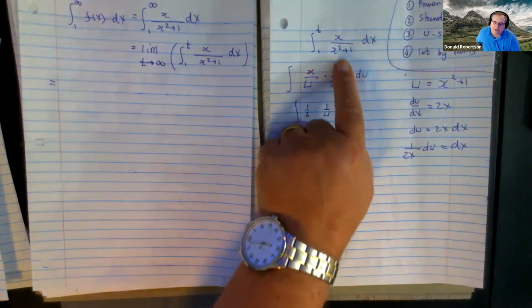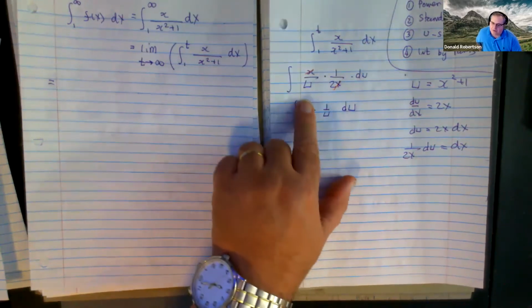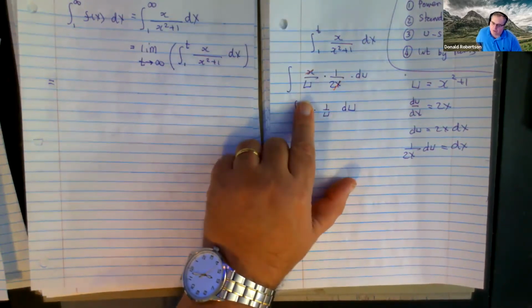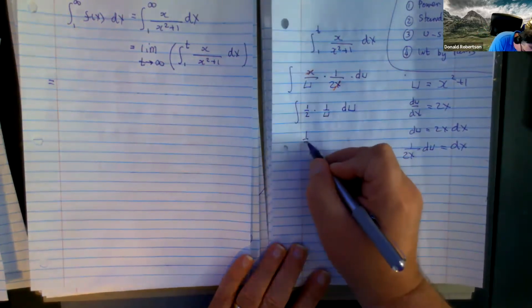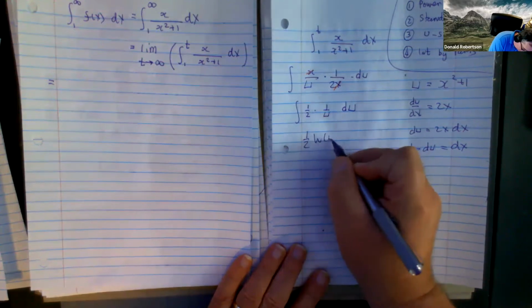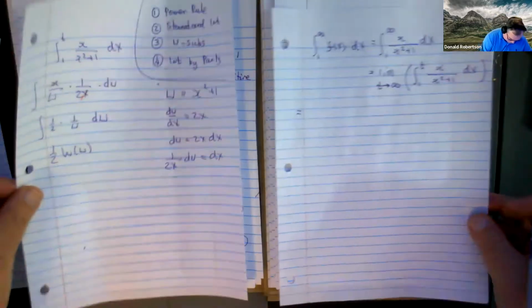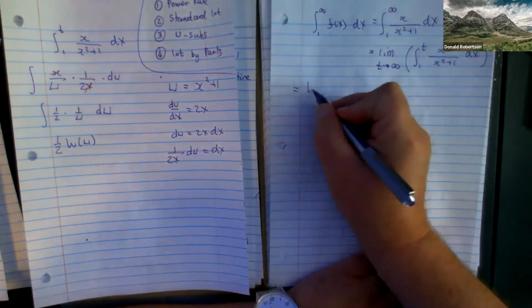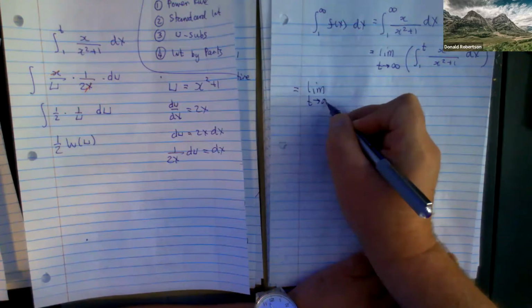So the original integral, which wasn't really doable, has now become this guy. Do you recognize that the integral of 1 over u is the natural log of u? So what we get is 1/2 the natural log of u. Okay, now I'm ready to do this guy. It's going to be the limit as t tends to infinity.